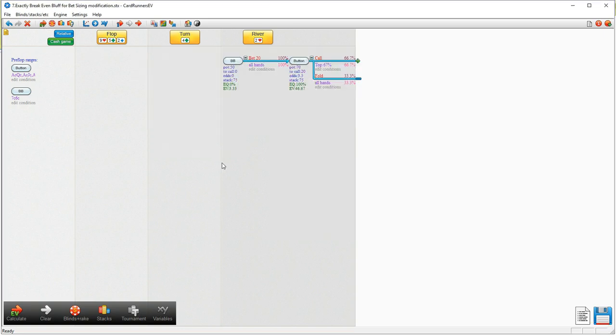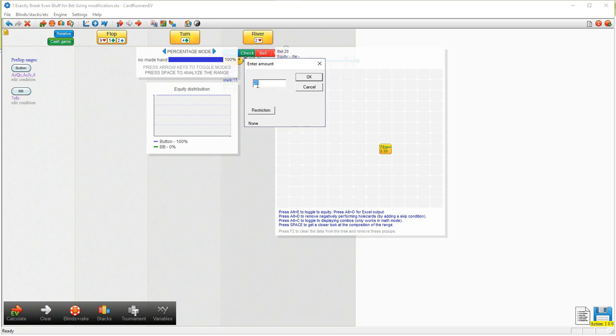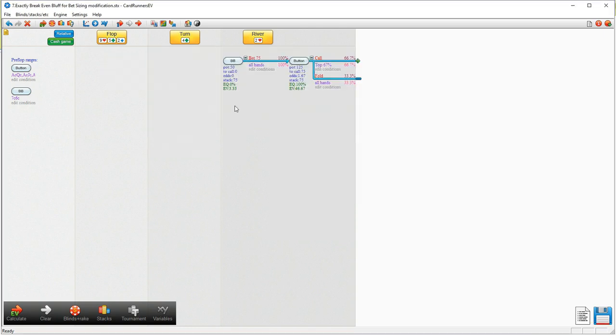Let's say, for example, that we now decide to bet kind of big. You can see that we have 75 big blinds in our stack here in this case. Let's say we decide to overbet. And just take a note of the EV, by the way, 3.33 big blinds with a 20 big blind bluff in this case.